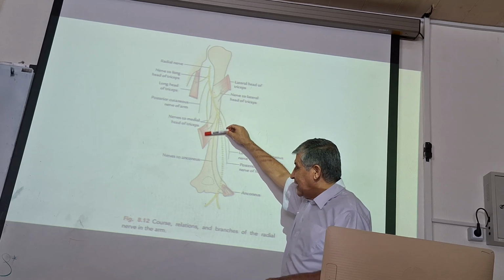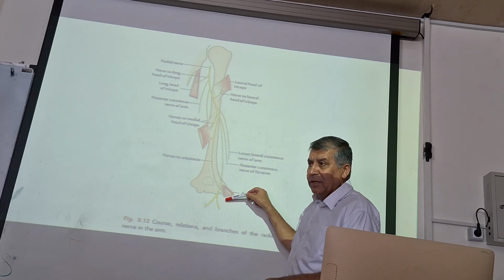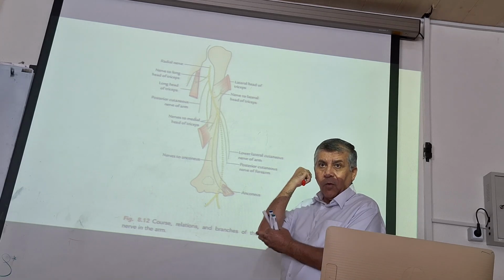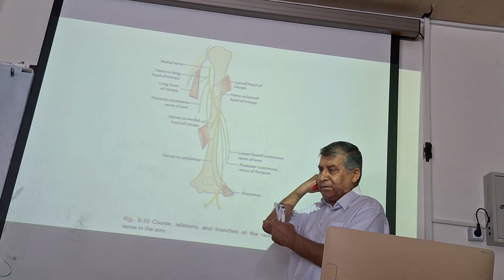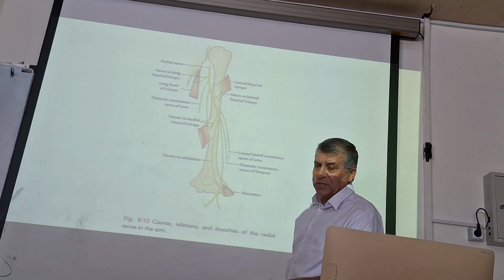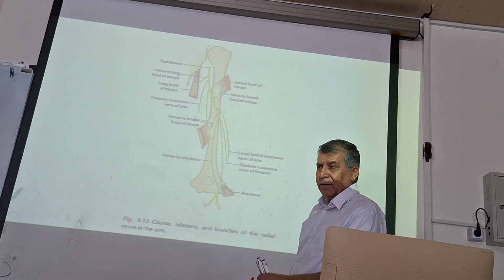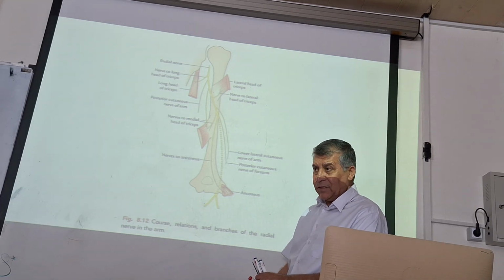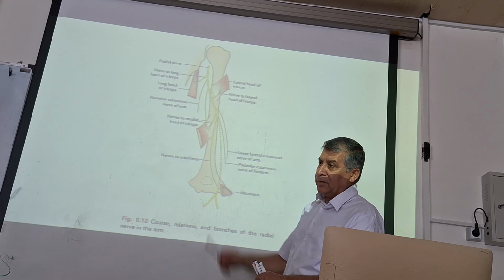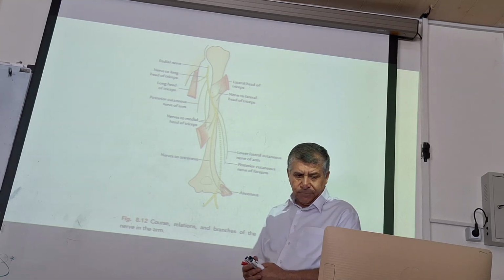These muscles insert into the olecranon process. What's the function of this muscle? Elbow extension. Which nerve innervates it? Radial.